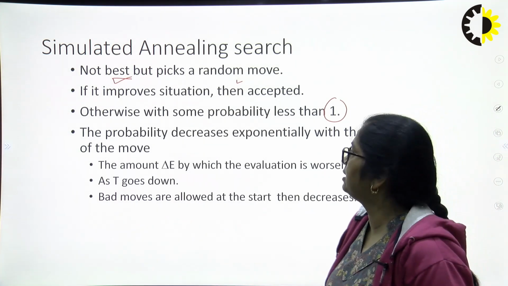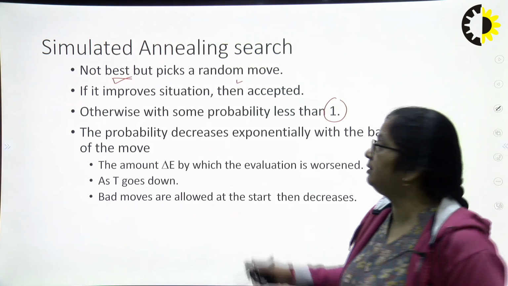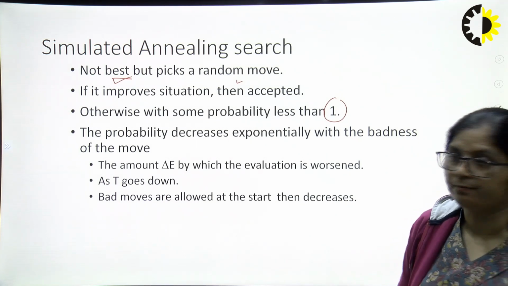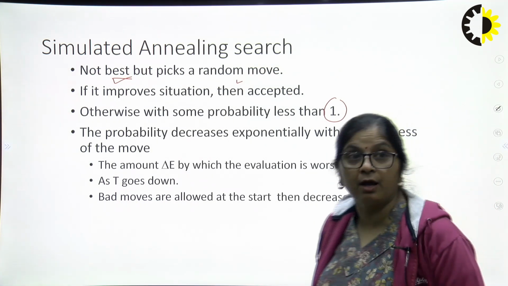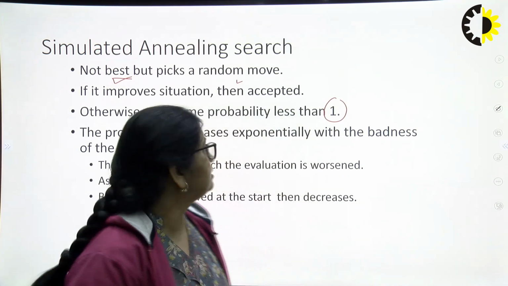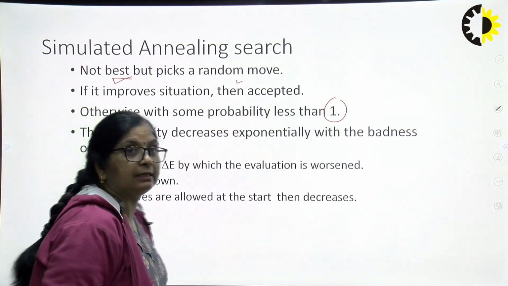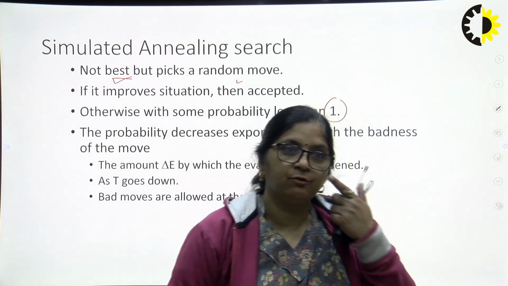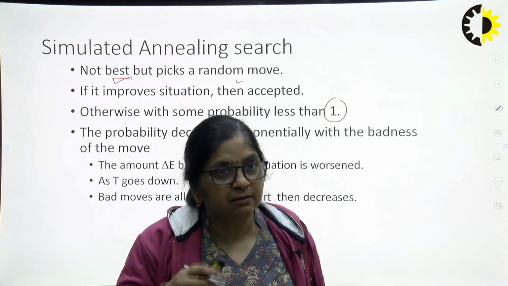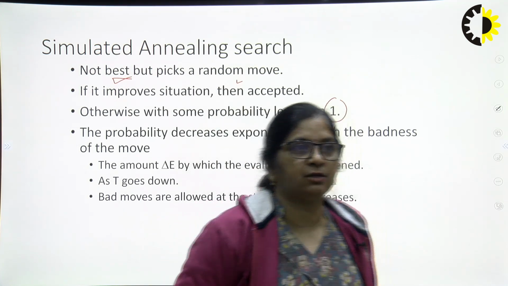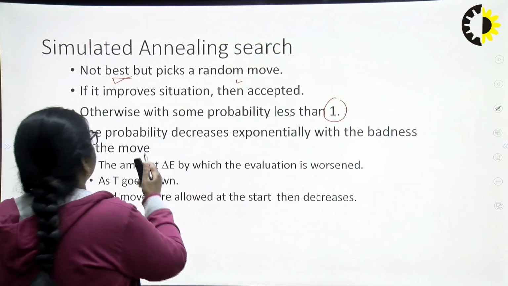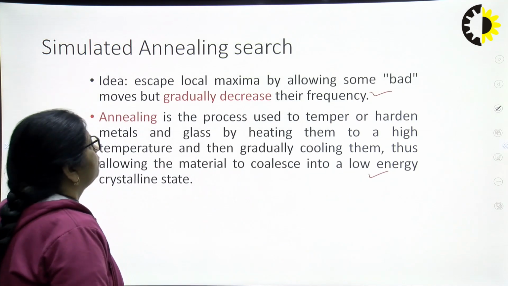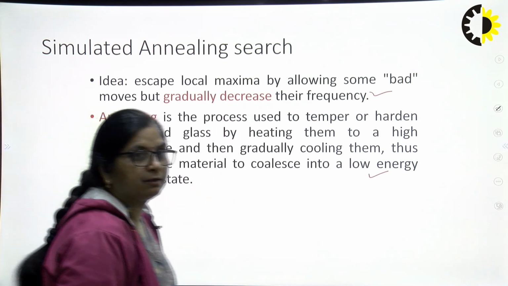Now, the probability decreases exponentially with the badness of the move. So the probability depends on how bad the move is, meaning how much it worsens the current state. We said that it gradually decreases.